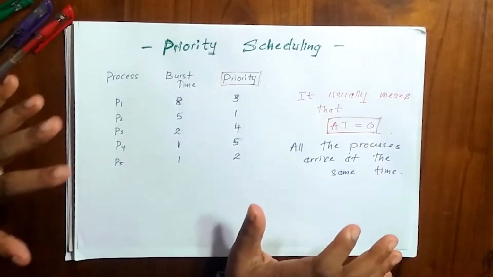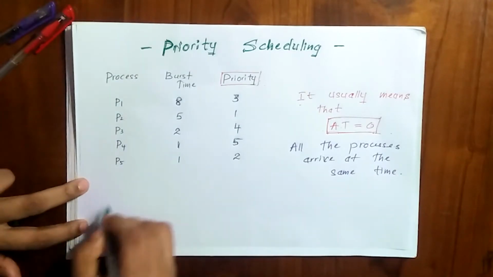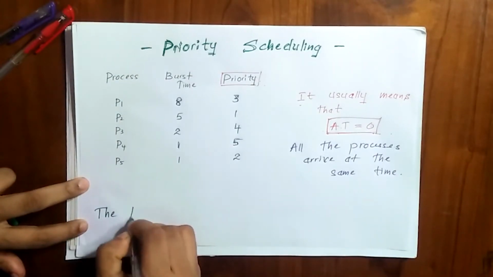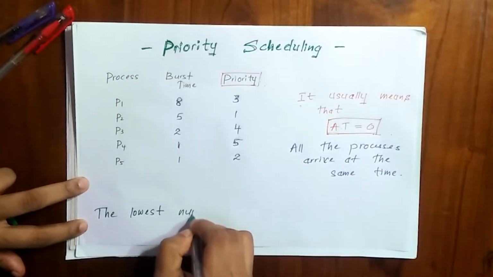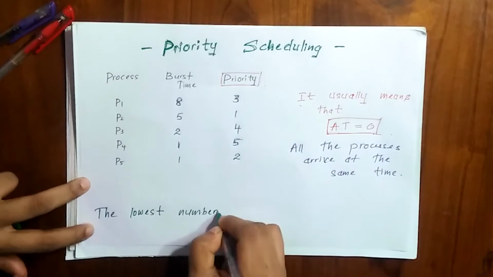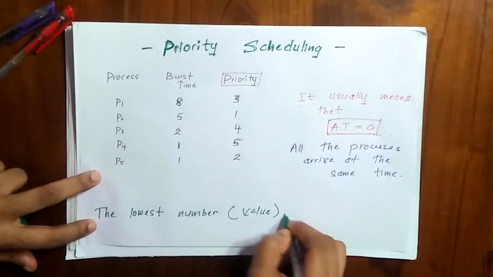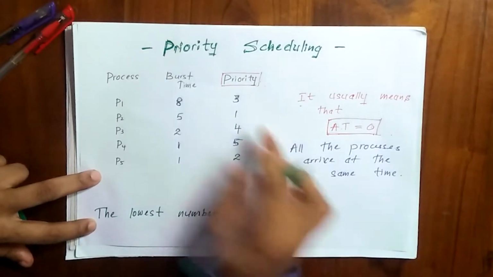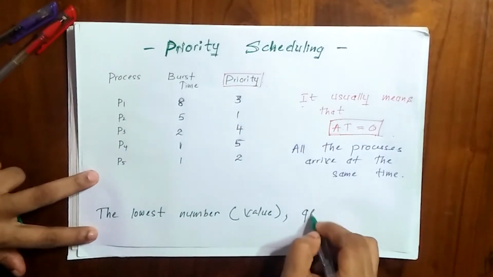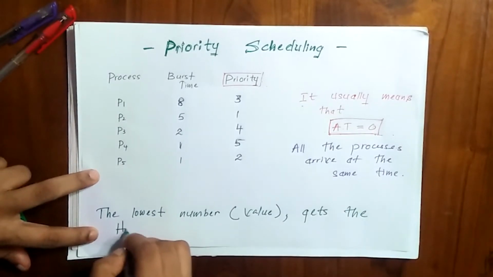So what happens here is the lowest number or value in this priority column gets the highest priority.